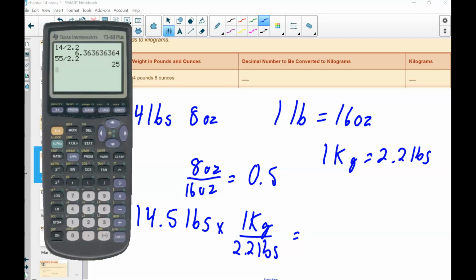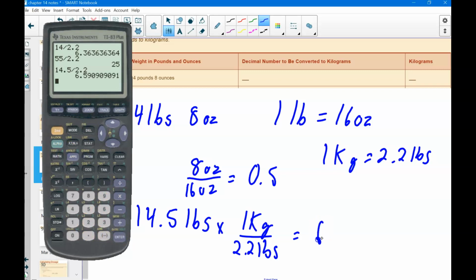In the calculator we go 14.5 divided by 2.2, which gives us 6.59, rounding to the nearest hundredth. And pounds would cancel. That'll be in kilograms. Awesome.